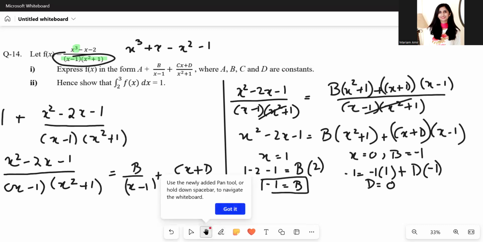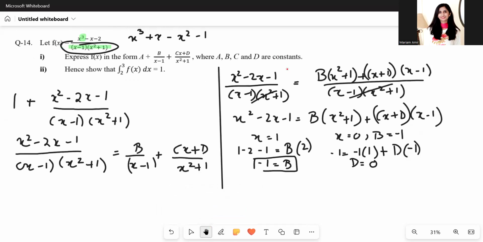Okay, now we need to find the value of C. So for that, we can use another simple value of x. We've already taken x equals 0, x equals 1. Now I'm going to take x equals negative 1.